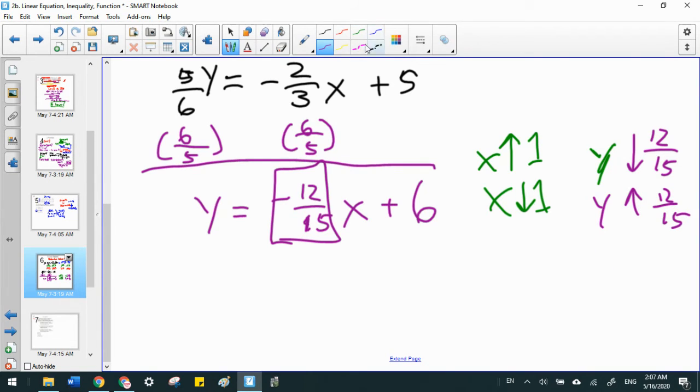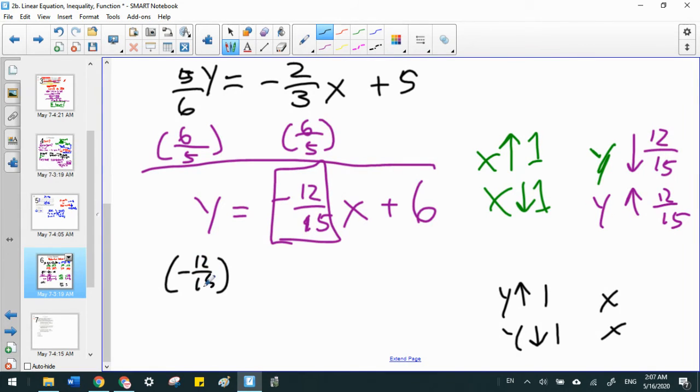And now, if I have the audacity to try to figure out how x changes when y goes up by 1 and then down by 1, I would simply multiply both sides by negative 12 over 15, or, sorry, negative 15 over 12.